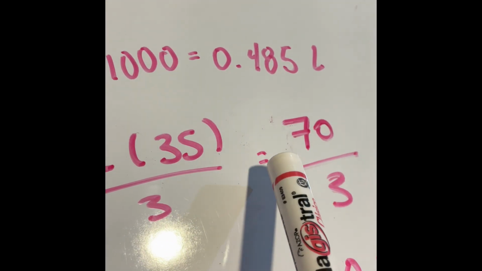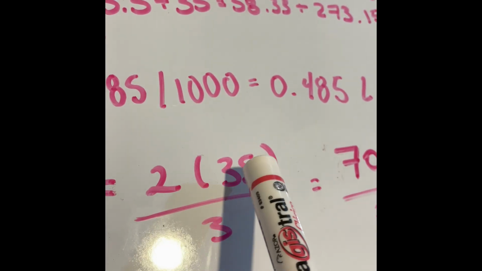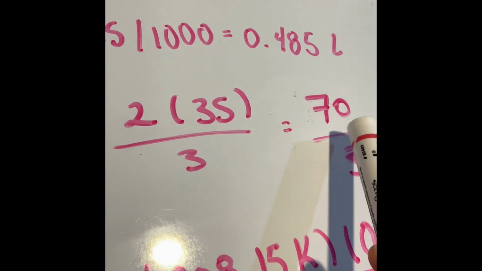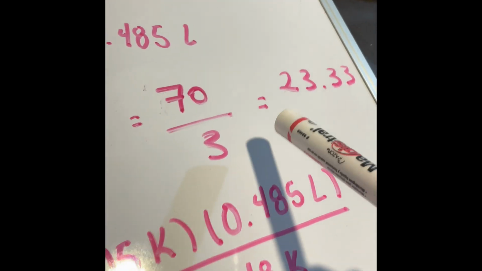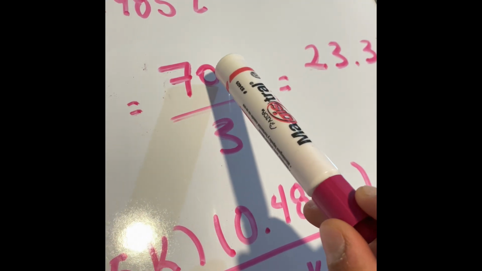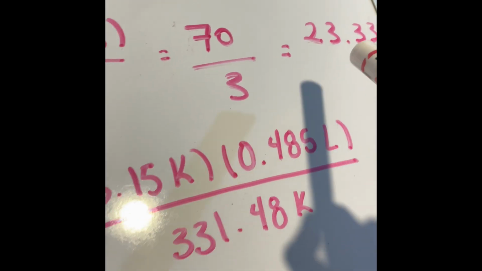So first we need to do this. 2 times 35, 70, and under 3, then 70 under 3 is 23.33.